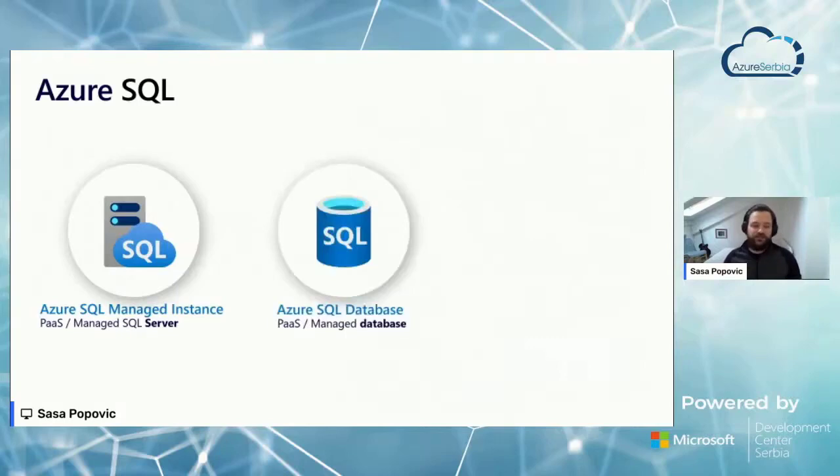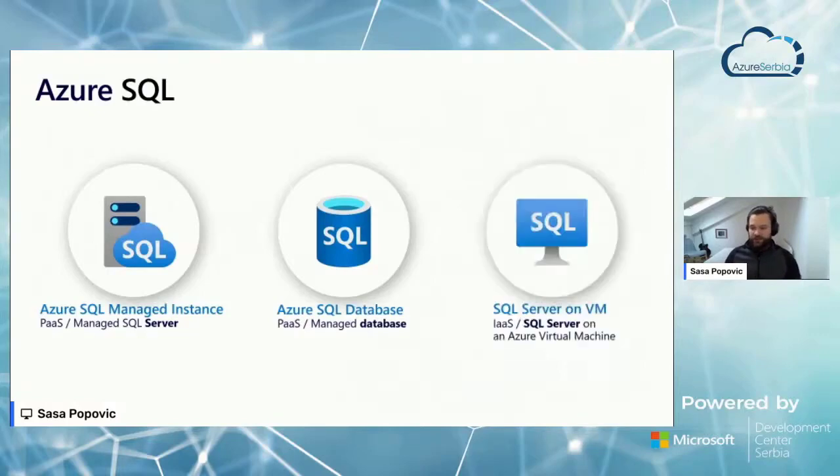Next in the line is Azure SQL Database. This is also platform as a service. This is a relational database service. So the main difference between these two is Managed Instance is the entire server. Azure SQL Database is just a managed database. And finally, there is infrastructure as a service product.